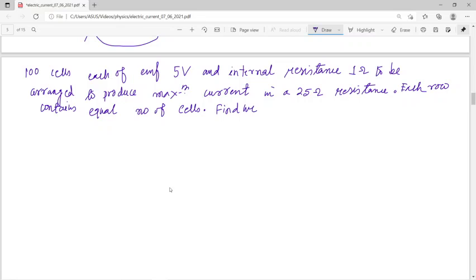Find the number of rows. That is the question. So 100 cells, each of EMF 5 volt and internal resistance 1 ohm, are connected.